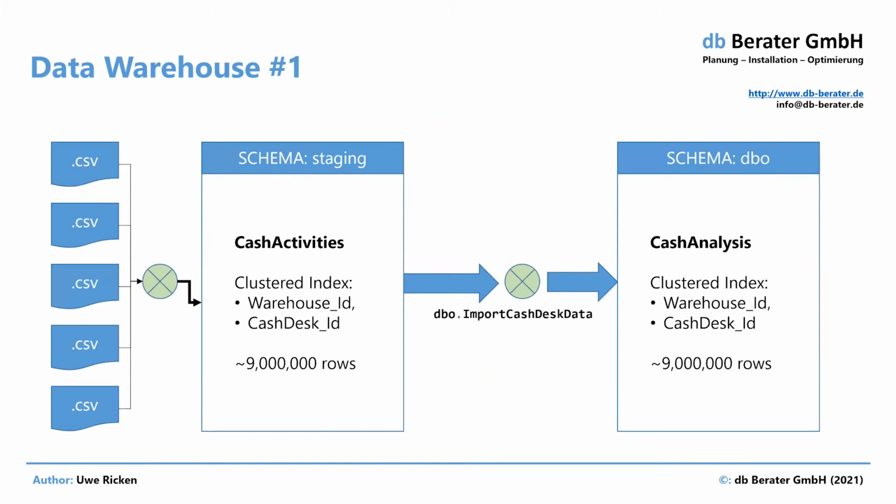I do not have the CSV files here. What I'm doing is I prepare in my staging schema a table called cache activities. In this table I have around 9 million rows, which represents the data coming from the CSV file. Then I have a wrapper stored procedure called import cache test data, and they should be inserted into the data warehouse.